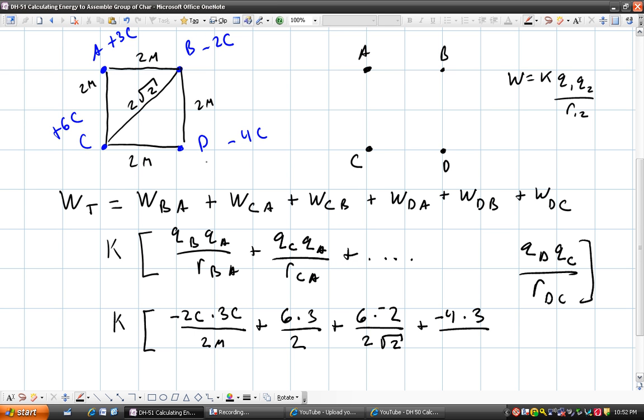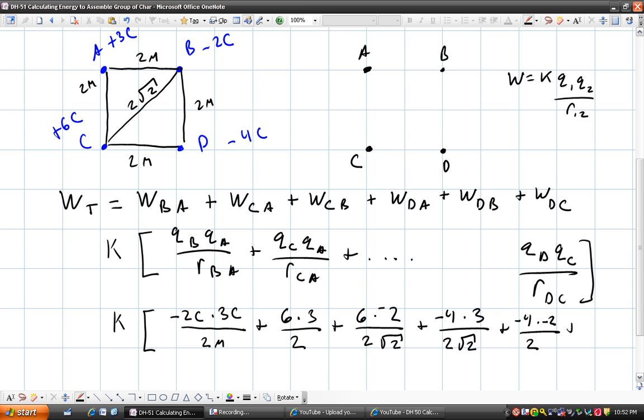The distance is the diagonal here between A and D, and that is also going to be 2 square root of 2. And then we've got to do between D and B, which is going to be minus 4 times minus 2 over, that distance is 2.